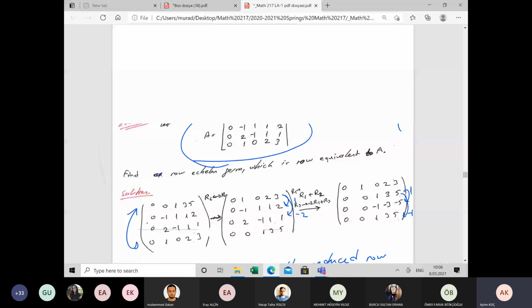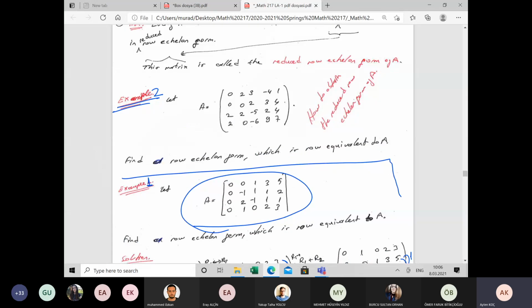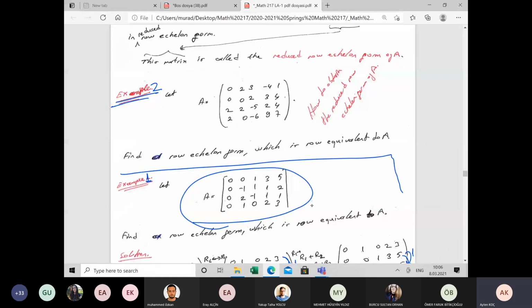It's okay. Example 2. And then let's find the row echelon form for example 2. This one is different from example 1. We have the matrix A, this one, and we want the reduced row echelon form of this matrix.